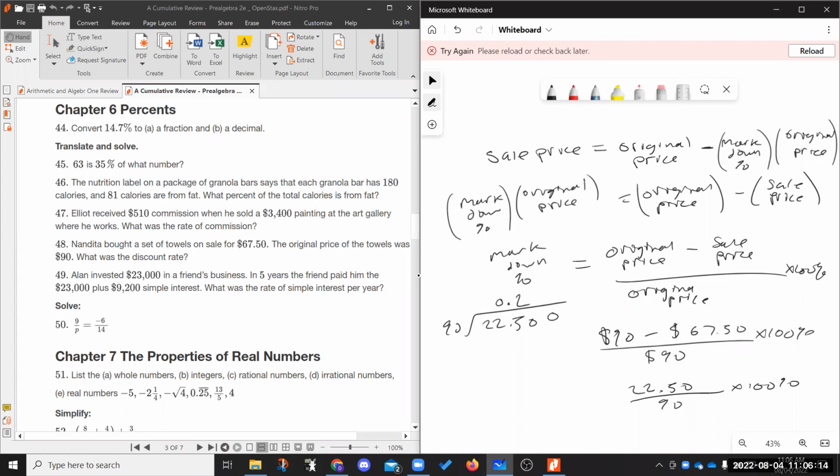And this is going to go in twice. And this is going to go in 5 times. So our markdown percentage is 25% off.